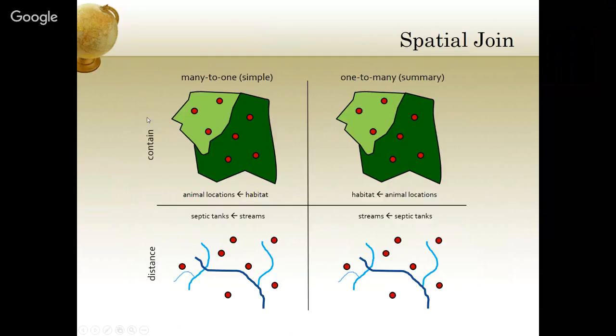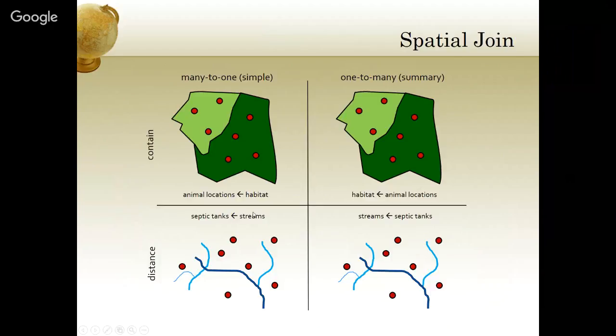And this is also a containment relationship. If we go the other way, if we try to append the animal locations back to the habitats, it isn't clear which one of these they should adopt. We need to summarize over all of these points and then append that summary back to the polygon. Does that make sense?